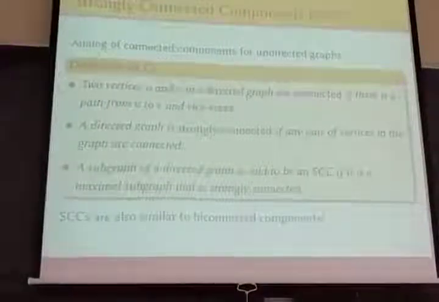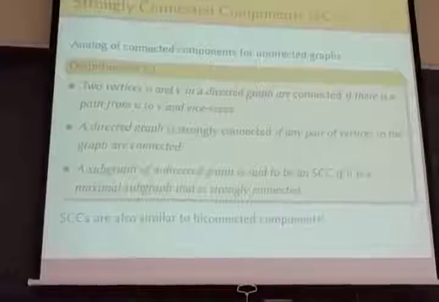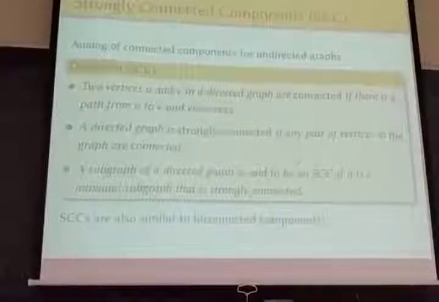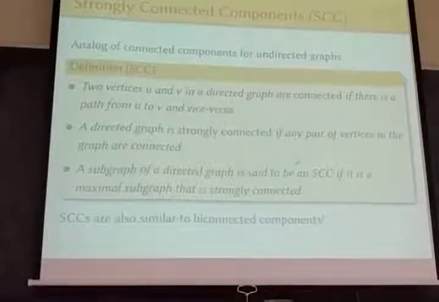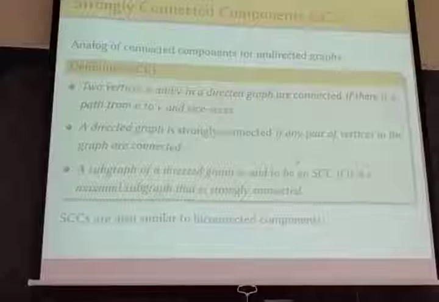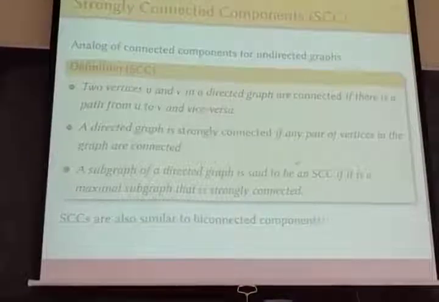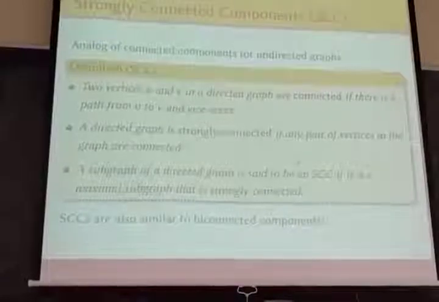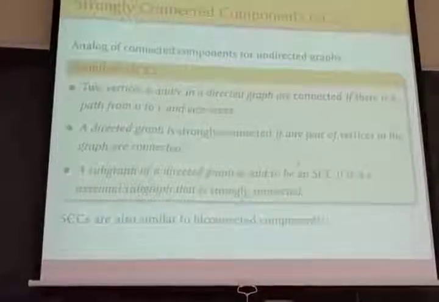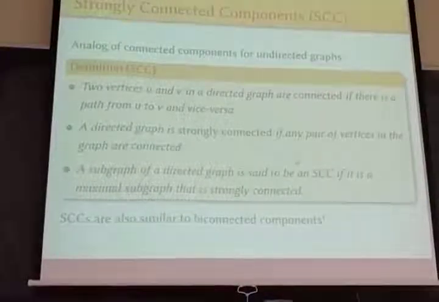Okay, so why? Because in an undirected graph, if there is a path from u to v, because every edge is bidirectional, you can just reverse it, and therefore there is also a path from v to u.